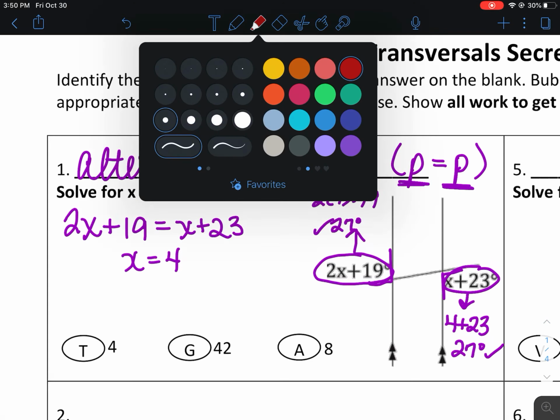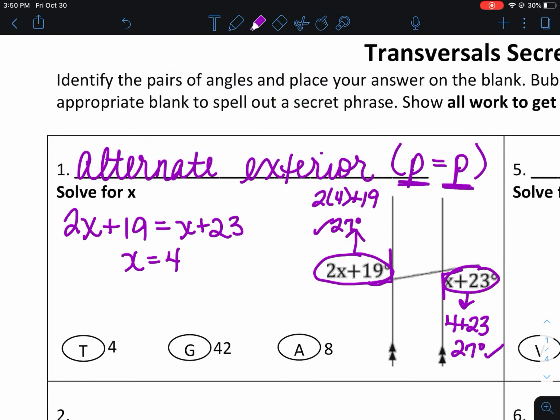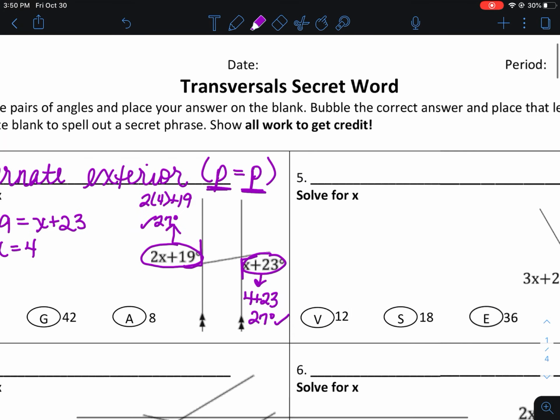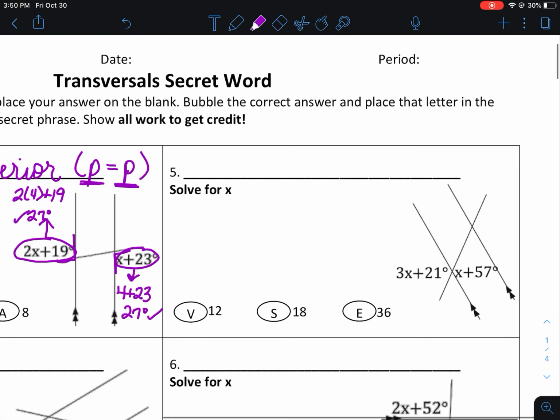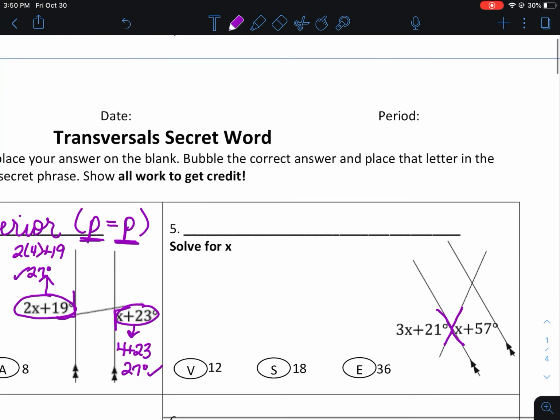So I'm going to go ahead and actually use the highlighter so we can still see through it for our secret word. All right, moving on to number 5. So I have an angle that's marked and it's there. The other angle that's marked is there. Well, those are obviously vertical angles.